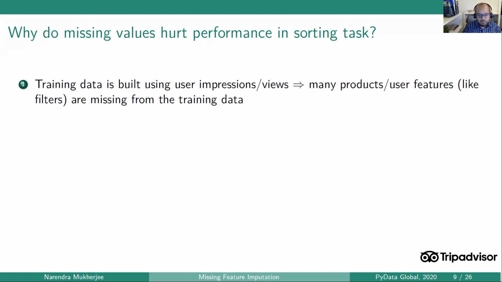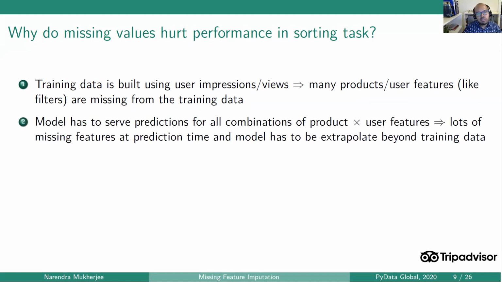That's okay if the data you are trying to predict on is also of a similar nature as the training data. But what happens in a sorting and recommendation system is that you have to serve recommendations to every user who might come to the website, every possible user that might come to the website, and you have to sort every single product that is there on your platform.